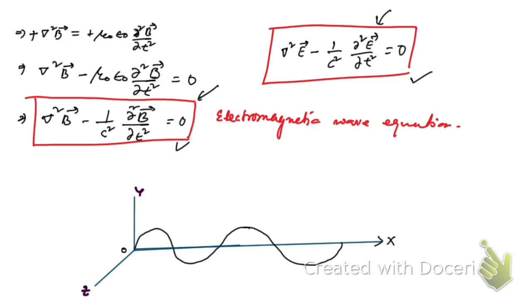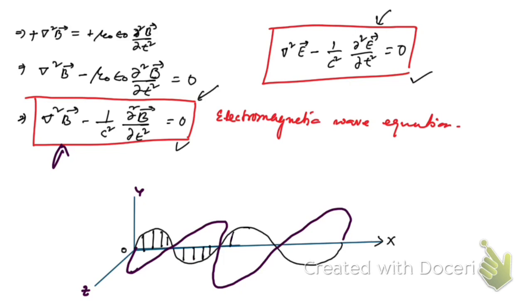Then the electromagnetic wave, the magnetic field, that's going to be in this direction. The wave represented by this equation will be in this way. It's going to be oscillating in this way. Let me show you. Right, so here this is the wave represented by this equation.